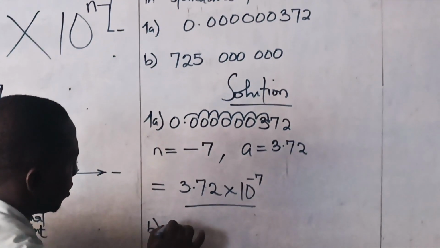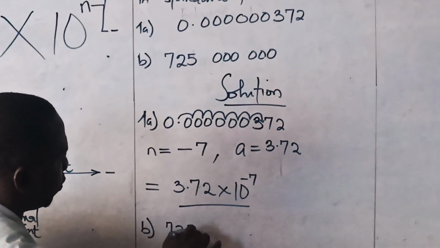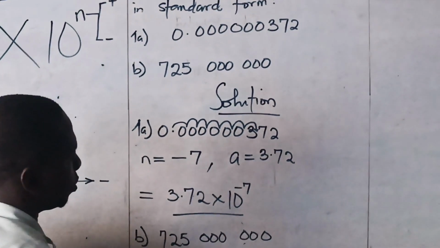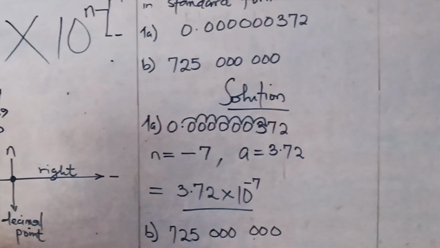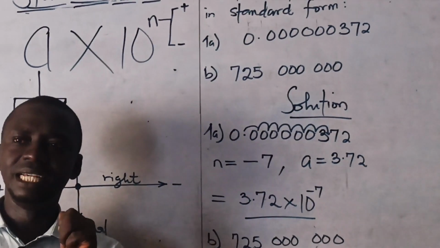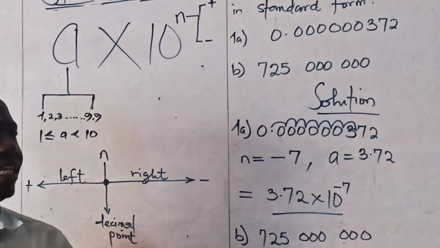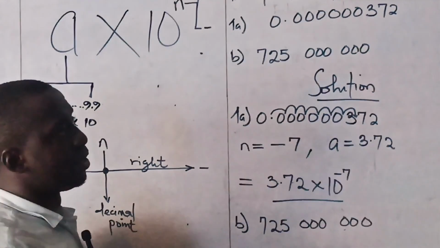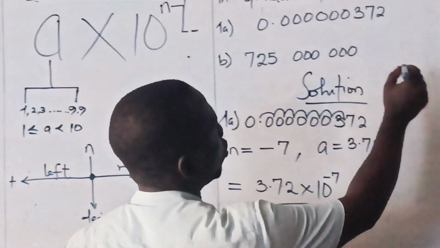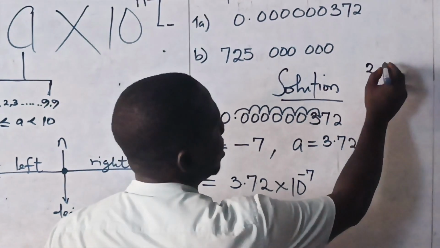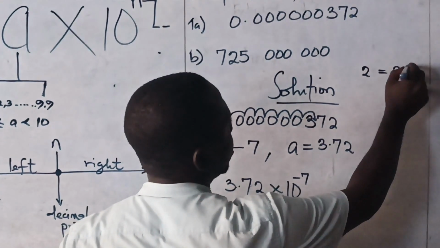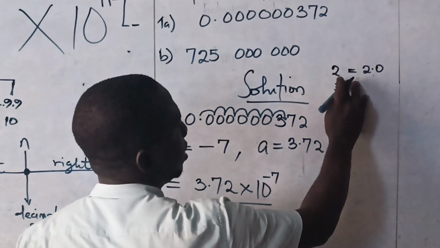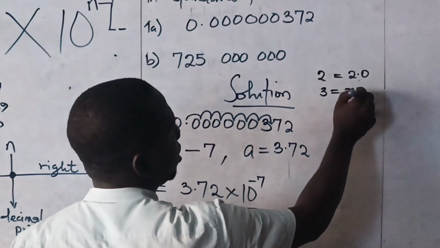We have 725,000,000. Now, there is something I want us to know here. For every whole number, there is what is called an invisible decimal point behind them. Like for instance, assuming we have 2, it is the same thing as 2.0. If we have 3, the same thing as what? 3.0.